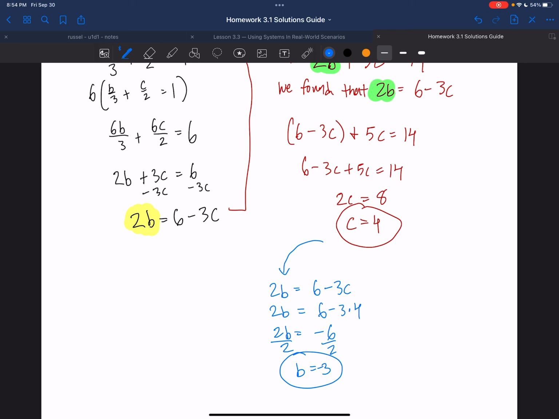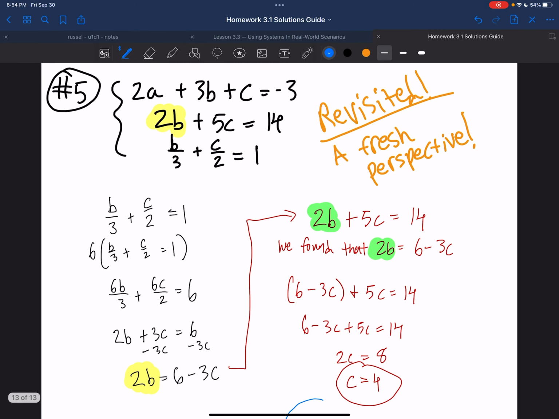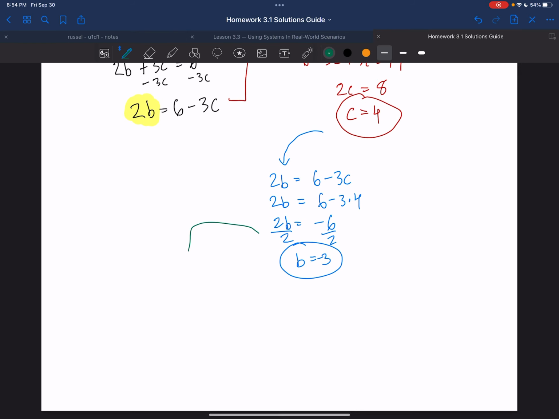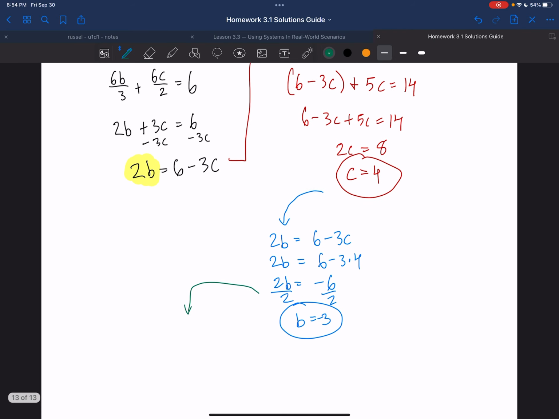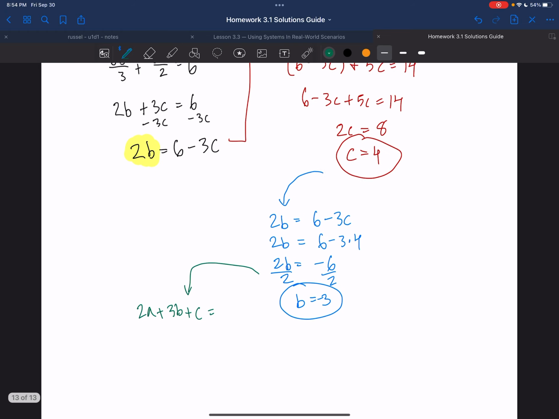Nice. And now you can take your b and c and substitute it into the top. So I'll go ahead and do that just for the sake of the video, so it's all nicely carried out, because why would I stop the video there and not solve? 2a plus 3b plus c equals, was it negative 3? Okay.